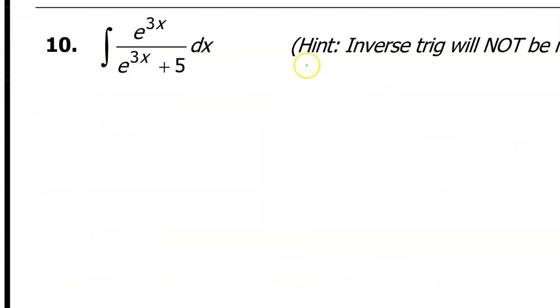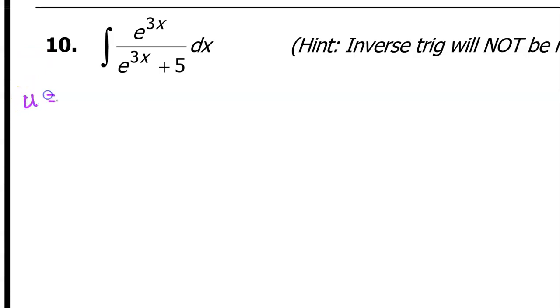For number 10, we have this hint that inverse trig will not be used, but even without that hint, when we imagine trying to do U-substitution, because we have e to the 3x in the denominator and the numerator, we can see that it will work out because something will cancel. Let's let u equal the entire denominator.